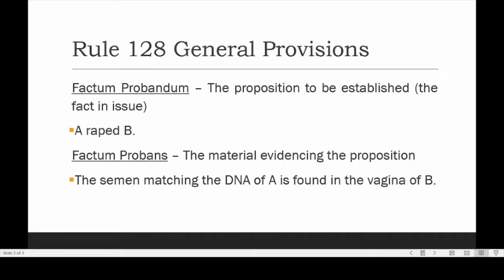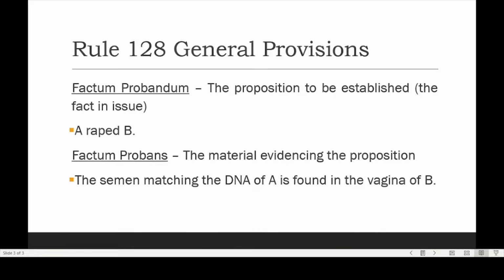Now, in relation to the term evidence, we have to learn about these two basic concepts, the factum probandum and the factum probans. The factum probandum is the proposition to be established, while the factum probans is the material evidencing the proposition.